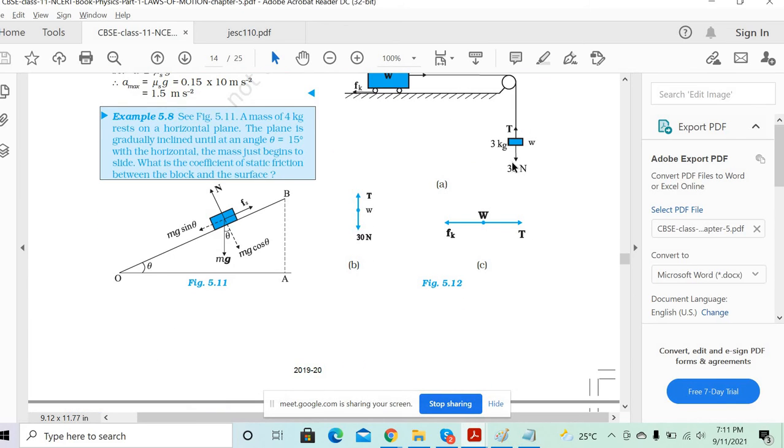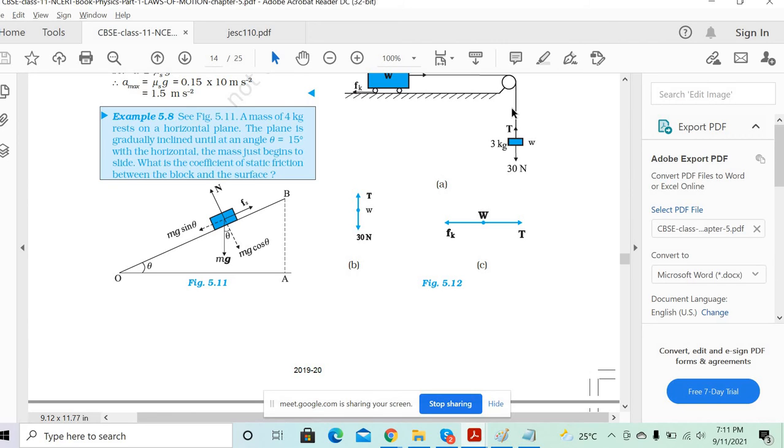Now if this body is moving in this direction, we'll calculate that the net force is going in the downward direction. So the net force is making the body of 3 kg move downward, so it will have acceleration. If the body is moving down, then you subtract the T, right?